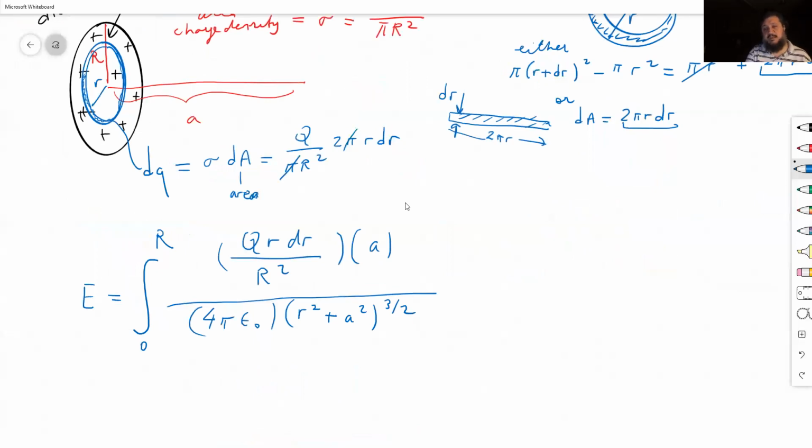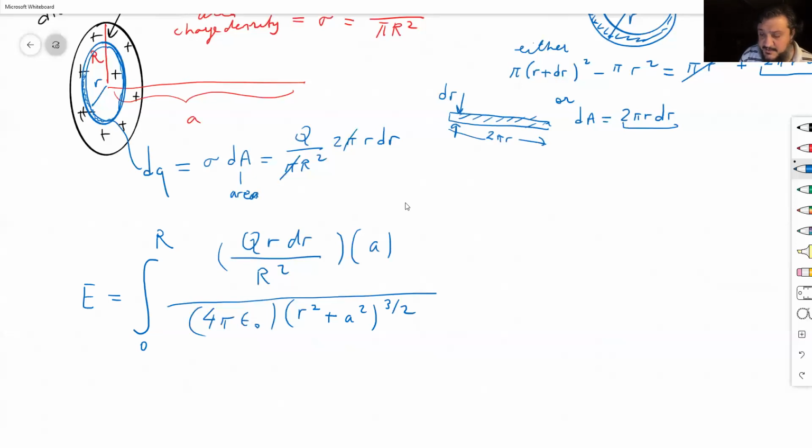See, I already know that it's pointing in the x direction. It doesn't have any vertical component from the previous problem. If those concentric rings all have electric field in the same direction, they add up. There's no reason why there's a change in the direction. I can simply integrate this and I'll be done.